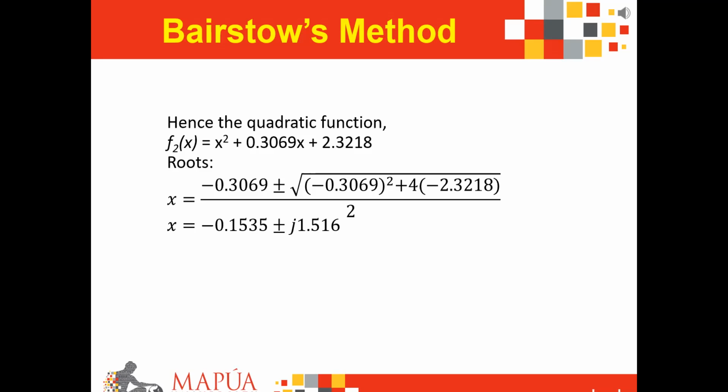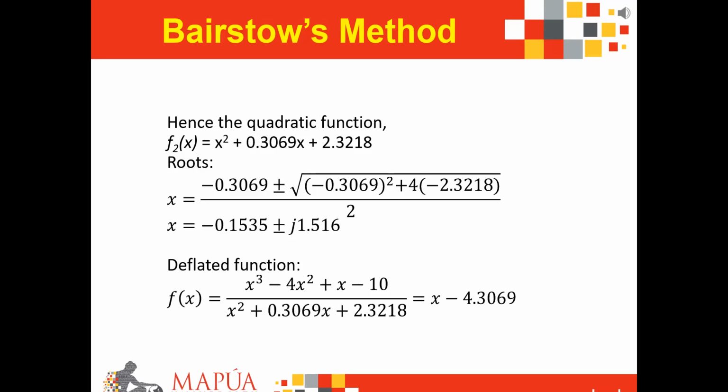We then deflate your cubic function by dividing your cubic function x cubed minus 4x squared plus x minus 10 with your quadratic factor, which is x squared plus 0.3069x plus 2.3218, which eventually gives us a quotient equal to x minus 4.3069, which is a linear function.